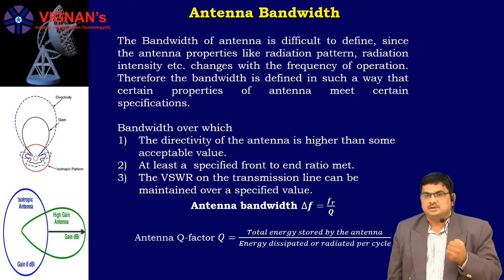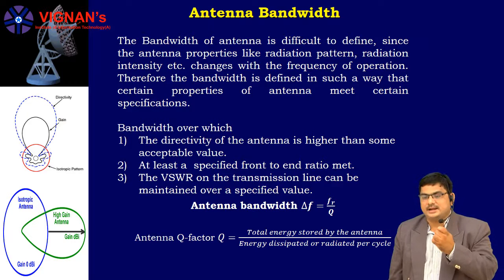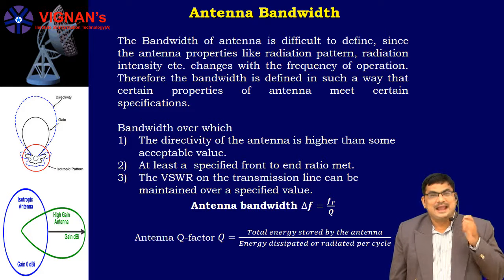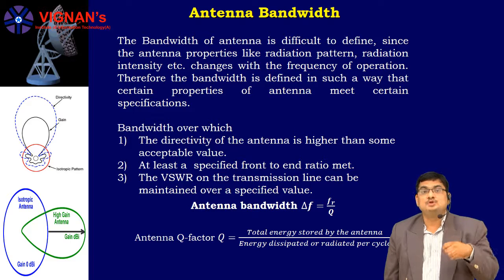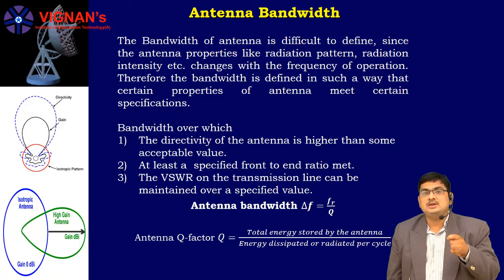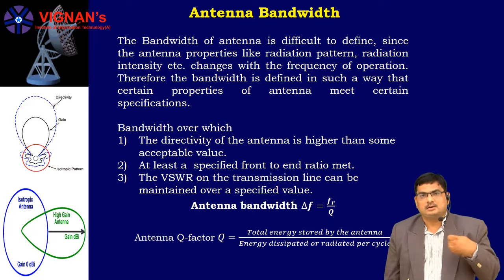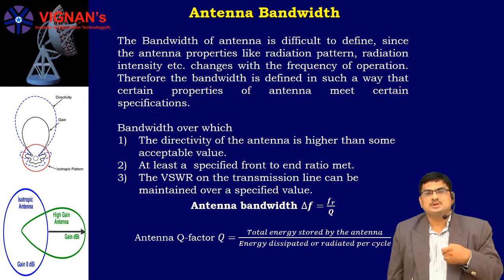Bandwidth is the range over which the gain of your antenna is greater than the specified value, or the range over which your voltage standing wave ratio is low, within the acceptable ratio.